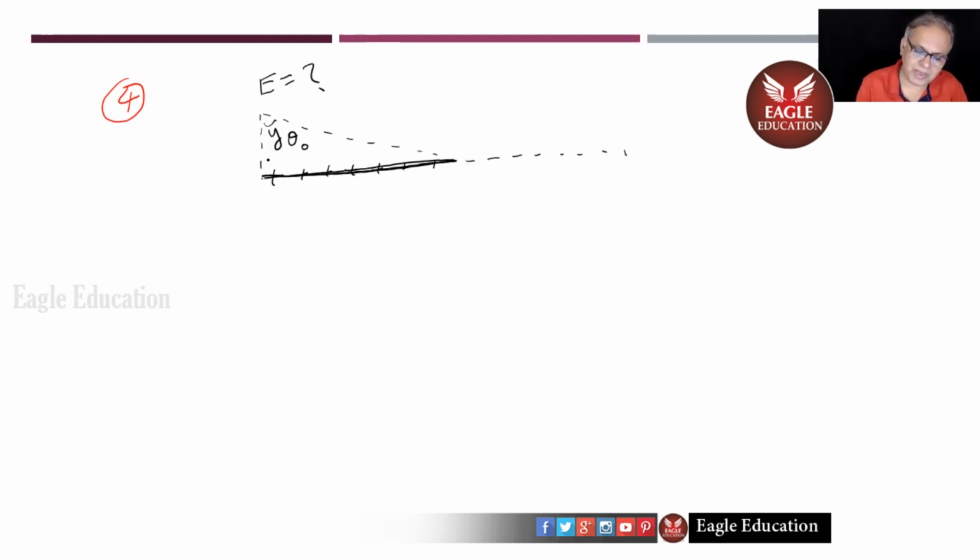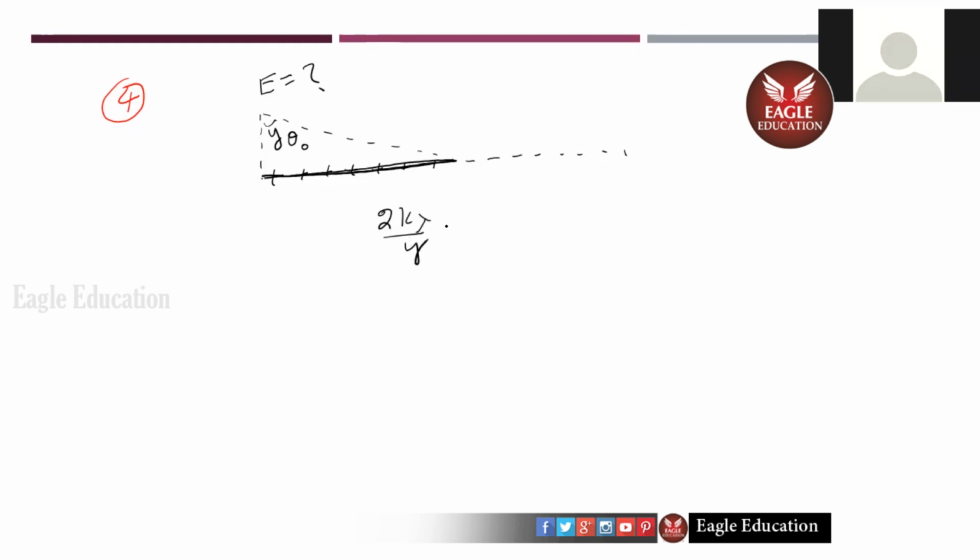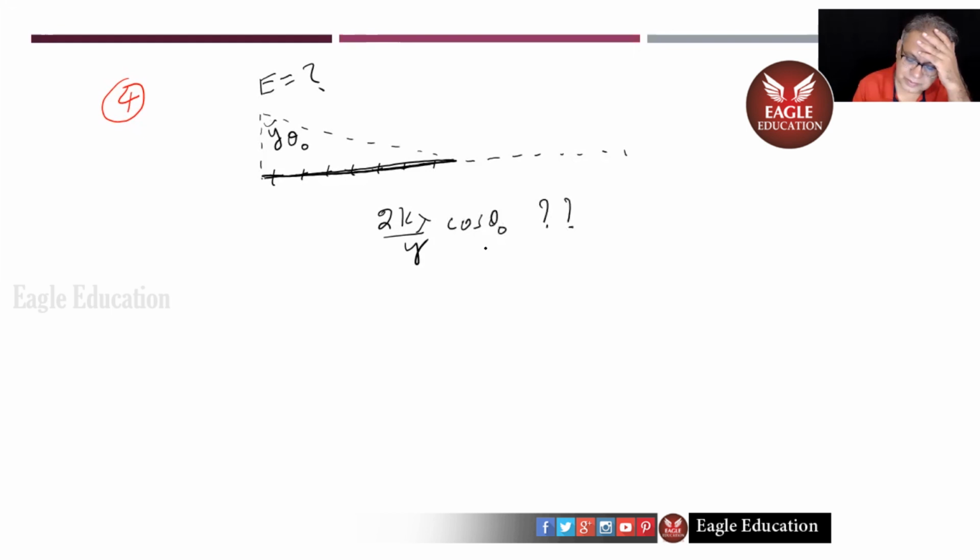The moment I put y here, it is finite only on this side, isn't it? Yes, sir. Make a try. 2k lambda by y cos theta naught.